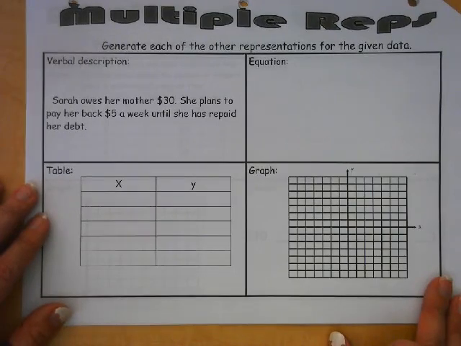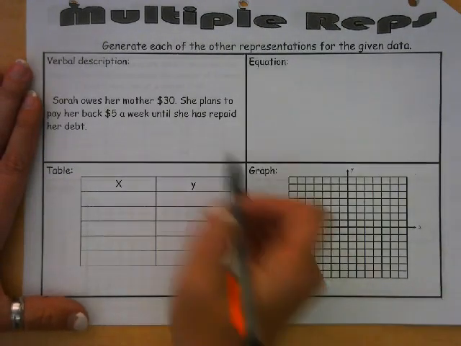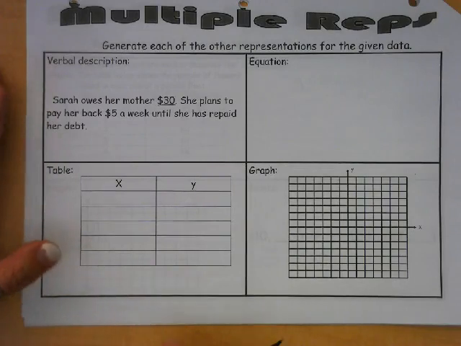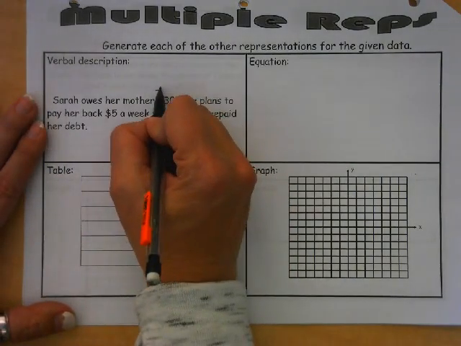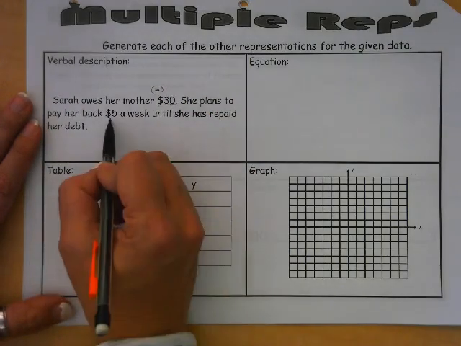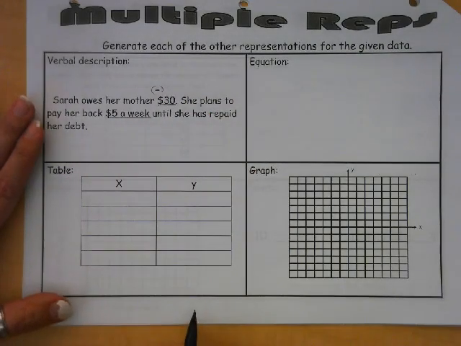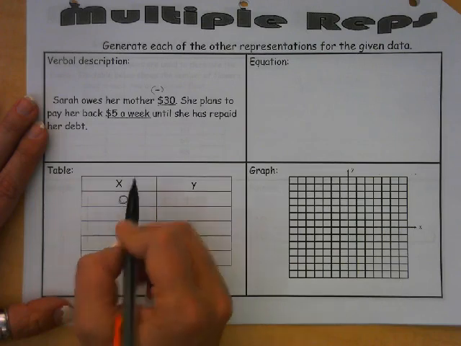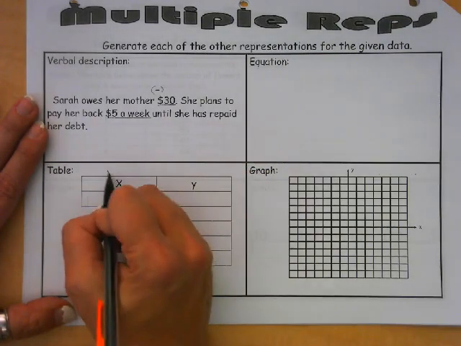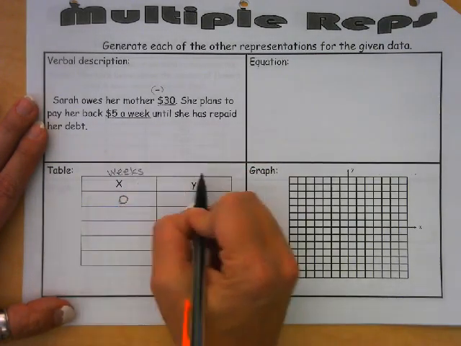How nice is that? She owes her mother $30. Oh, if you owe someone money, what does that mean? That's a negative. She plans to pay her back $5 a week till she has repaid it. So we are comparing here what? Weeks and money, right?